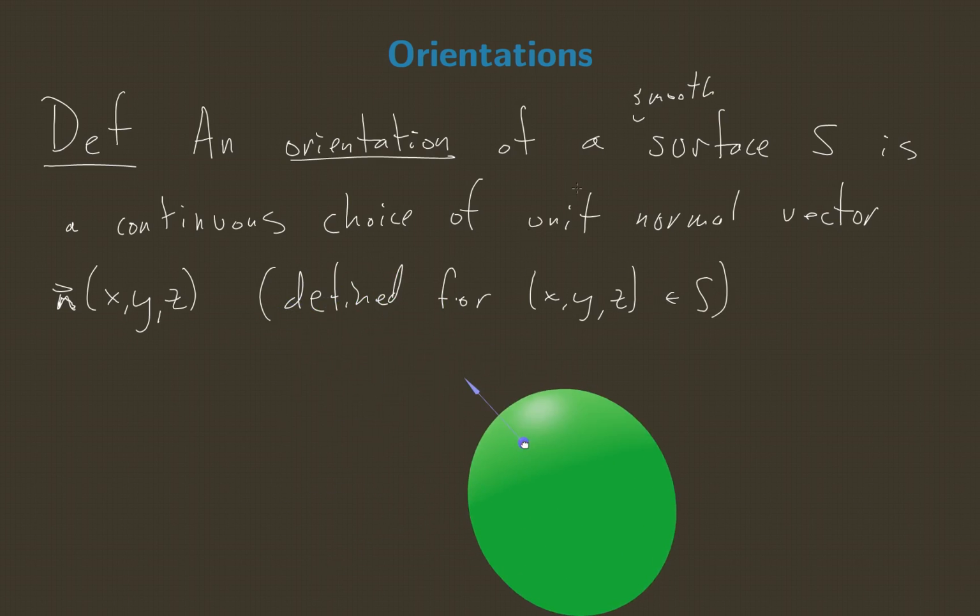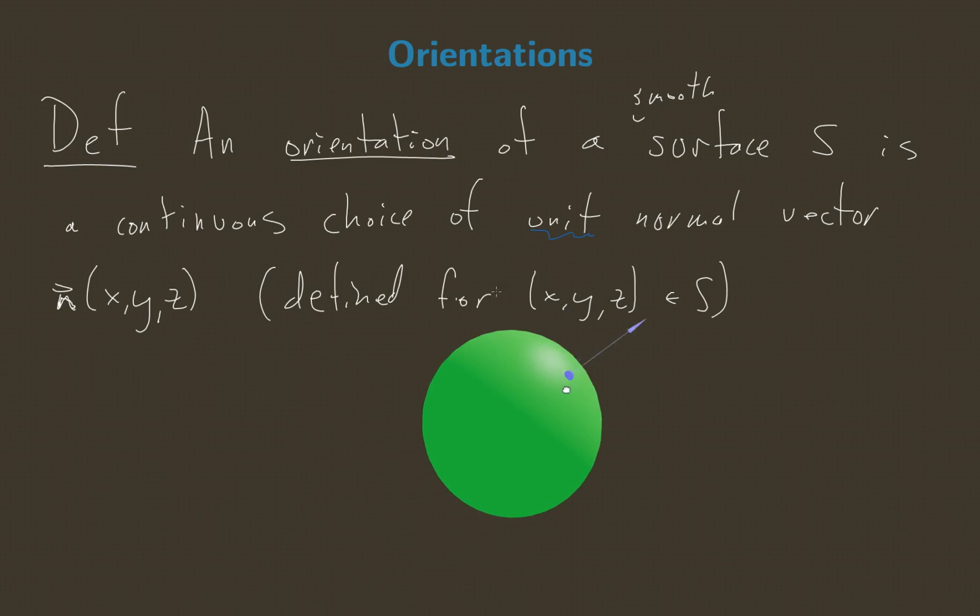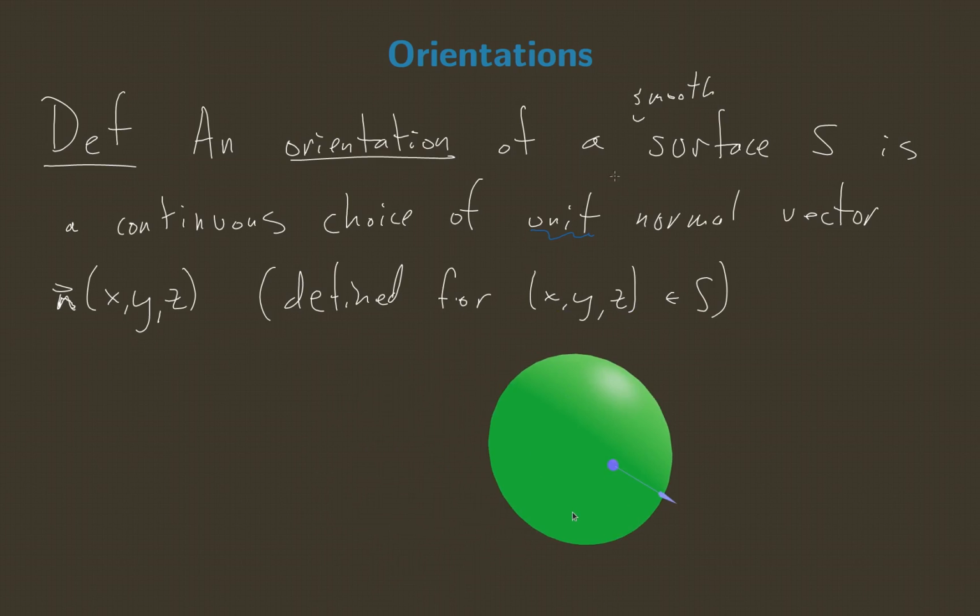So here I said a unit normal vector, but it's equivalent to ask for a non-vanishing normal vector.